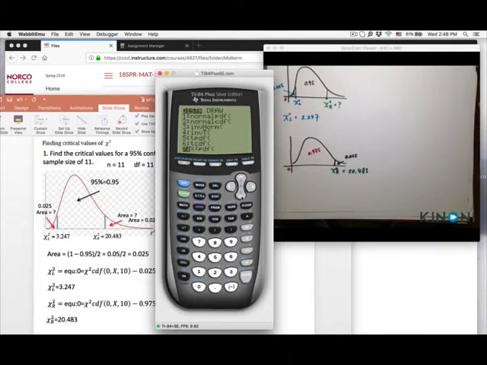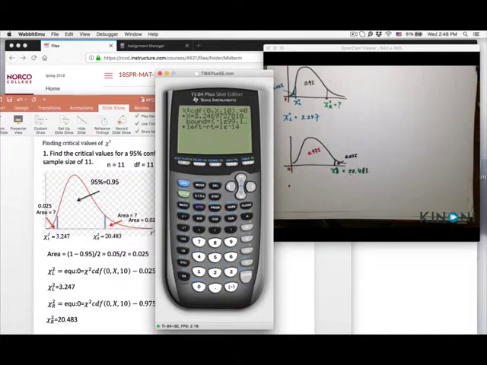Go to the chi-square CDF, starting from 0, comma, x, comma, degree of freedom, minus the area from the left, that will be 0.025. Okay, enter, and then click on alpha, enter. So this is going to be the chi-square to the left, 3.247.